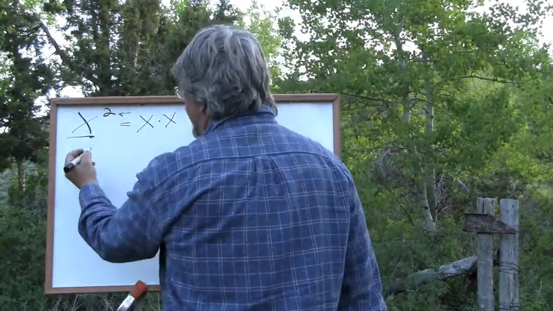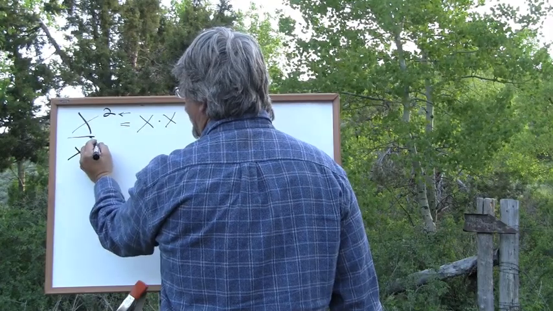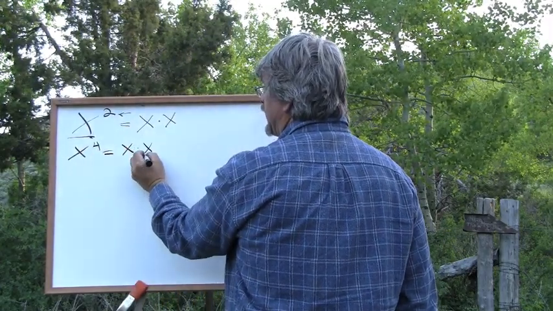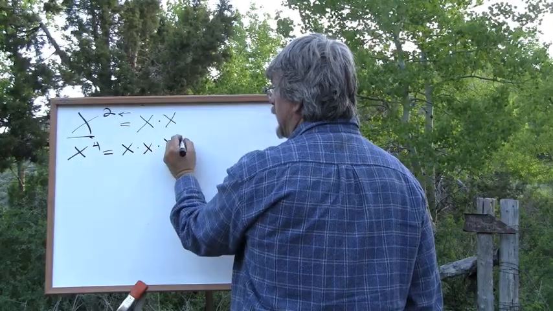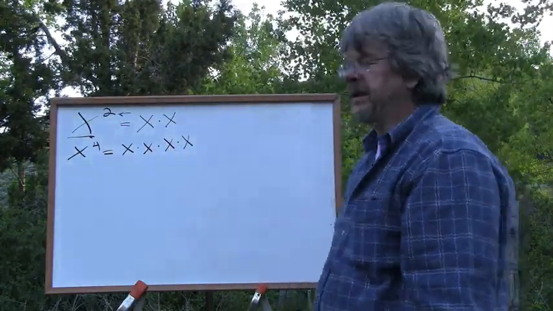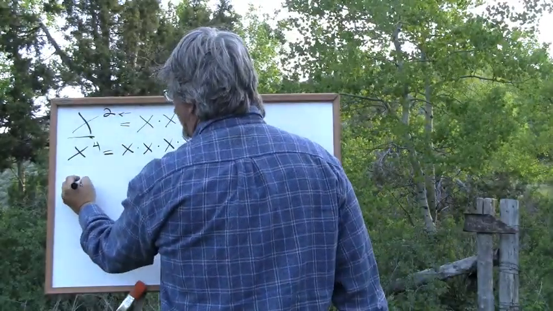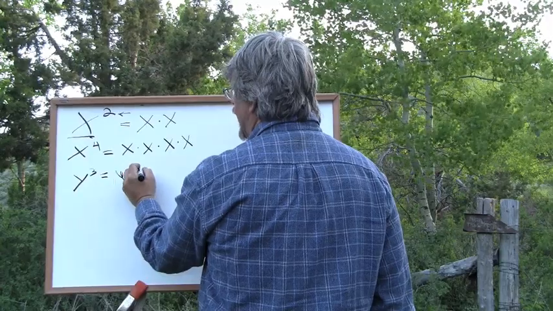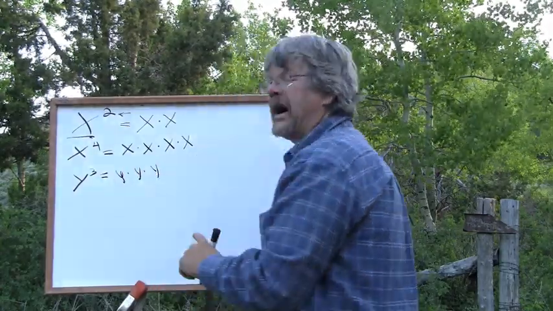If this was x to the 4th, we would be multiplying x times x times x times x. We would have 4 x's. If it is y to the 3rd, you have 3 y's. Y times y times y.